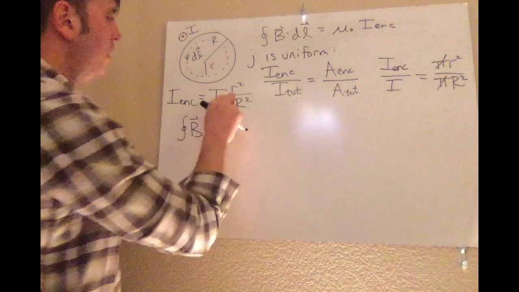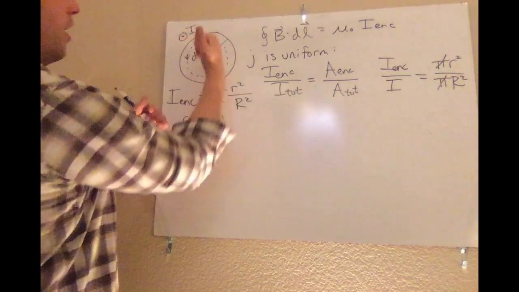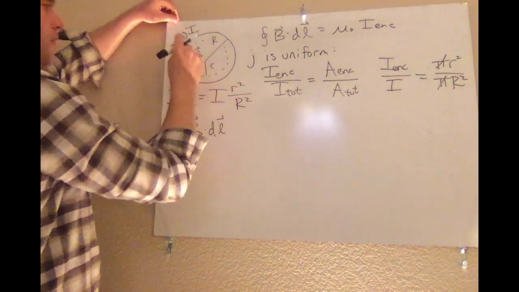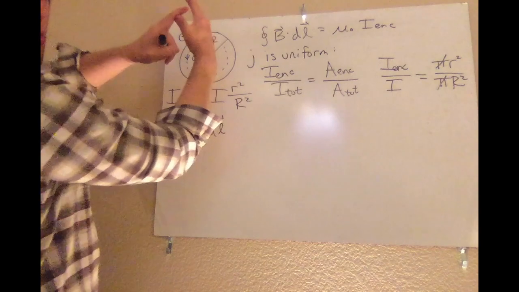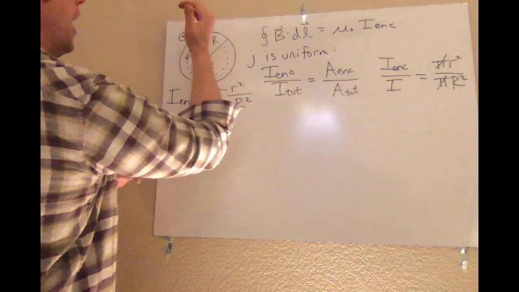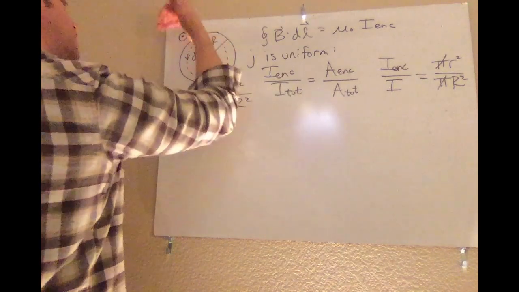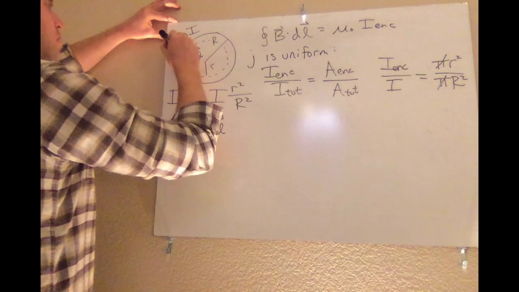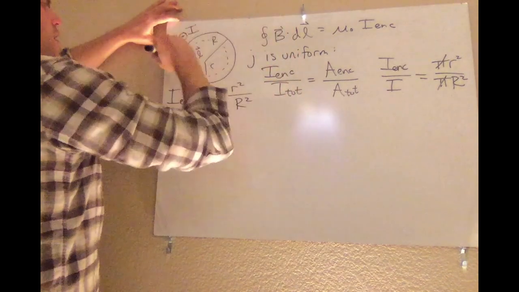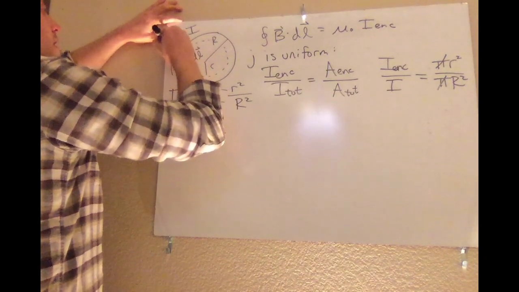Okay, so B dot dl. First, if the current in this wire is coming out of the page like this, our magnetic field, we can find which way it's going through the right-hand rule. My thumb is in the direction of the current going out of the page, and my fingers on my right hand are now curling in the direction of the magnetic field. So I'm not going to draw a whole loop. We know the magnetic field lines are kind of looping around the entire wire like this, but I'll just show a little bit of one of those lines.